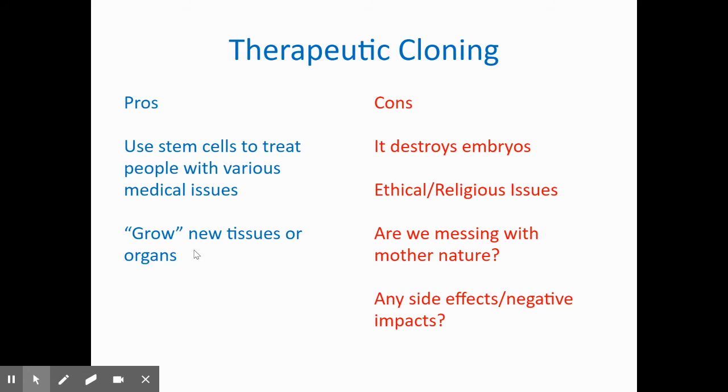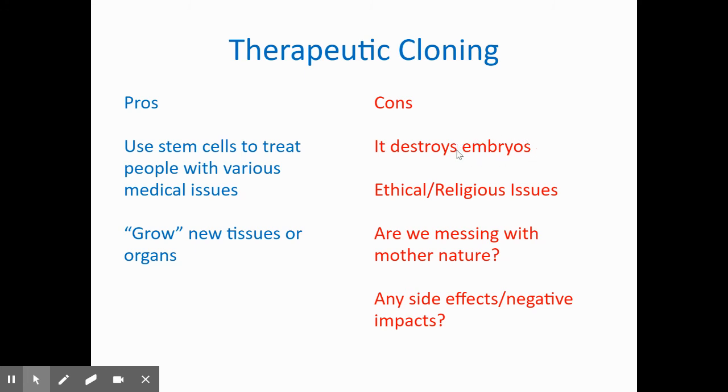It used to be, when cloning first came out, that embryos had to be destroyed in the process, and of course that was an ethical issue, because the question is, do you define an embryo as a living thing or not? So there was debate around that. Since then, we have figured out other ways to get stem cells.